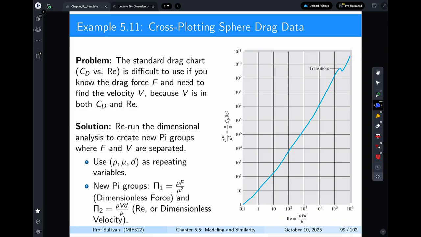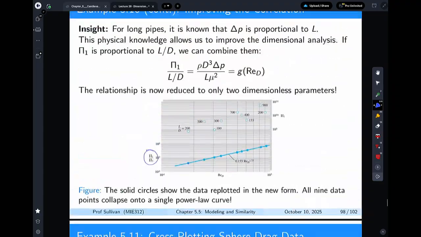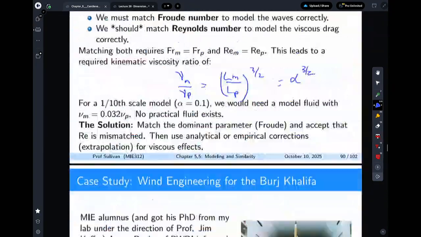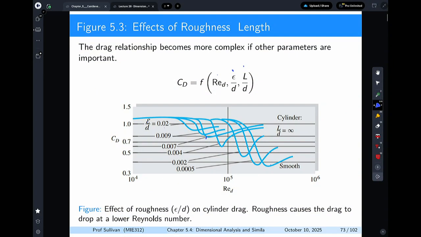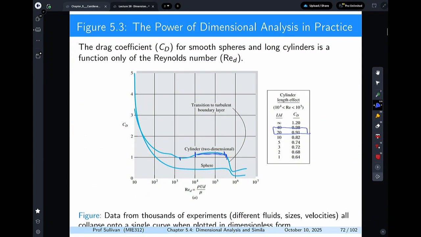If you remember way at the beginning, I showed you that plot that looked at the standard drag chart, CD versus Reynolds number. CD versus Reynolds number, right here. So you can see what that looks like for a cylinder and for a sphere.